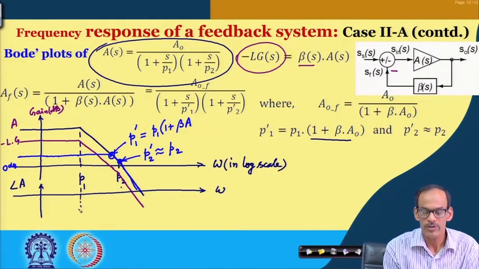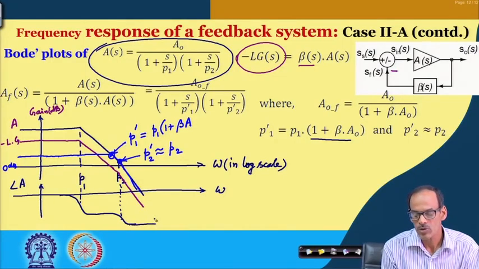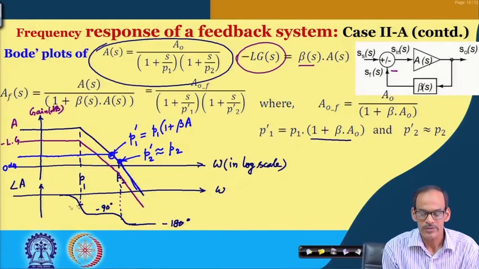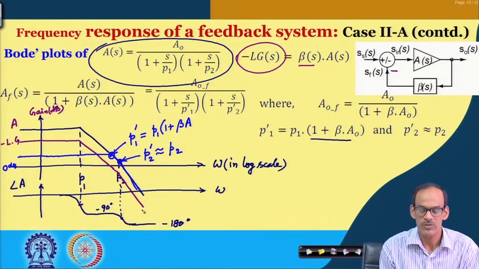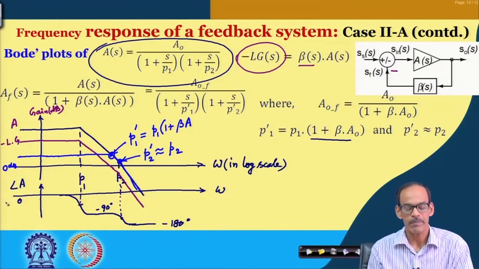At this point the phase gets rolled off to minus 90 degree, and then again we do have the second pole. While approaching the second pole, it goes one more step to minus 180 degree. So, this is minus 90 degree, this is minus 45, this is minus 135, starting with 0 degree.